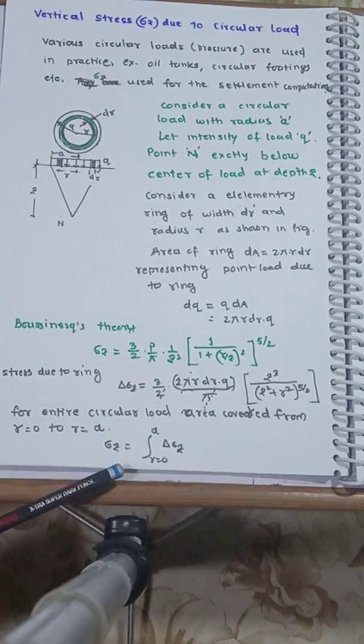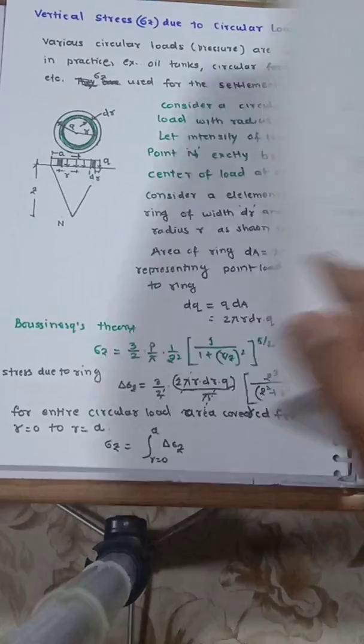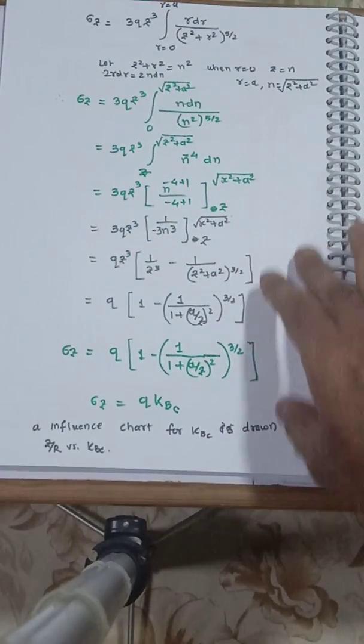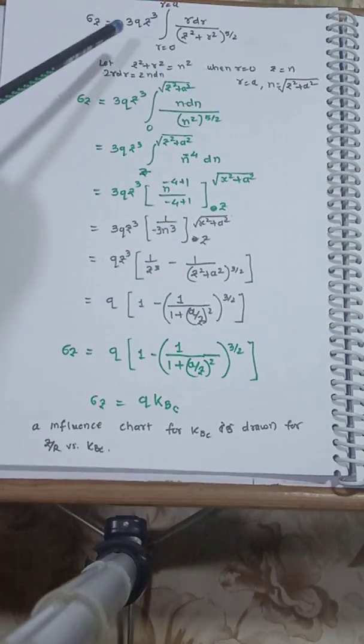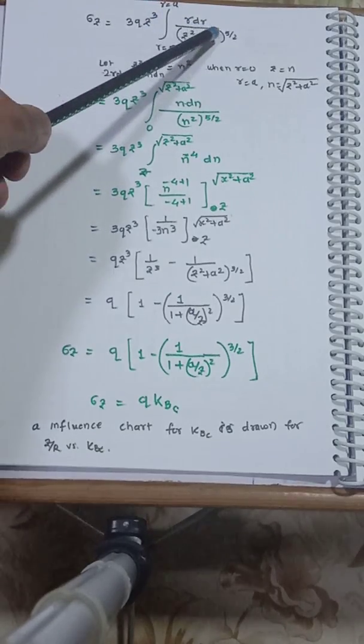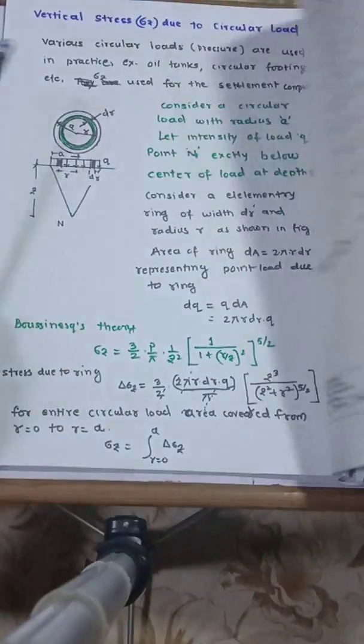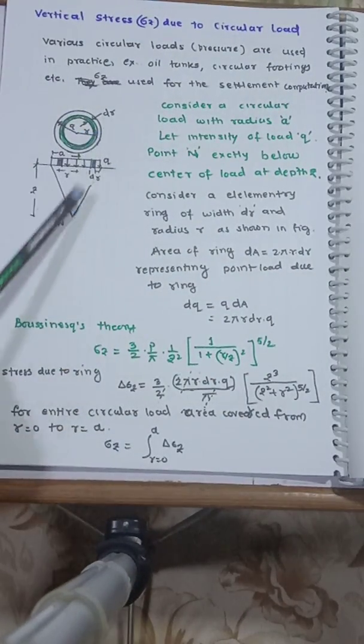So integrating this expression from 0 to a, taking out all the constants outside, you'll find 3 q z cube, that is also constant, depth. So the variable is r, that is the radius. Inside this, r is a variable, z is a constant.